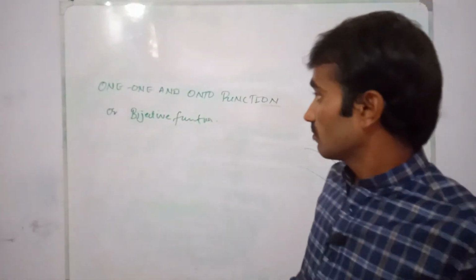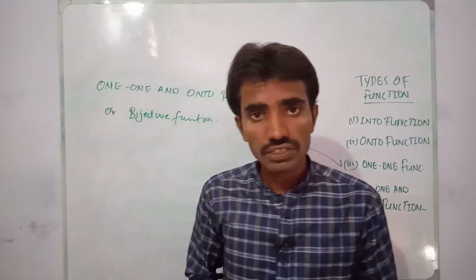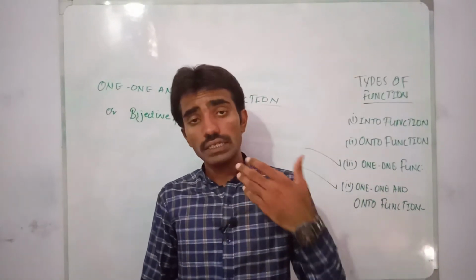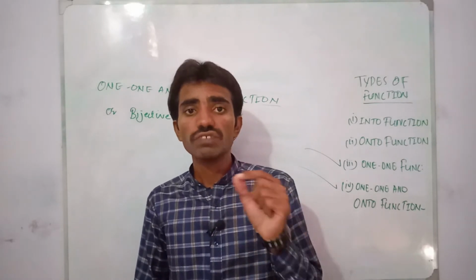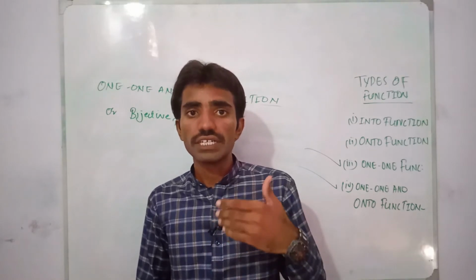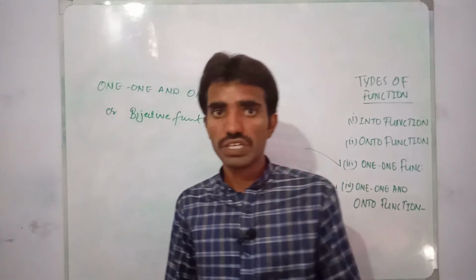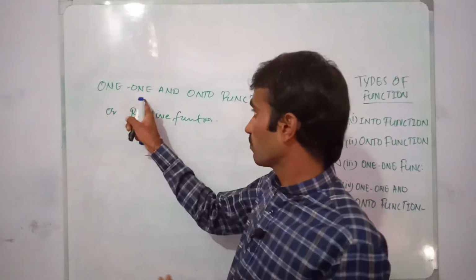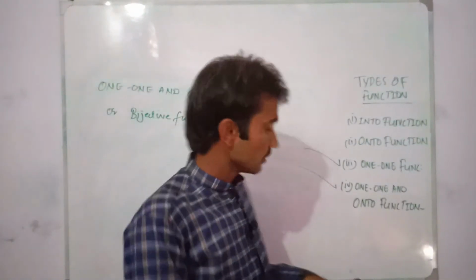What is a one-one and onto function or bijective function? A function from A to B is called a one-one onto function or bijective function if distinct elements of set A have distinct images in B, and also range f is equal to B. So let's write the definition to make it clear.